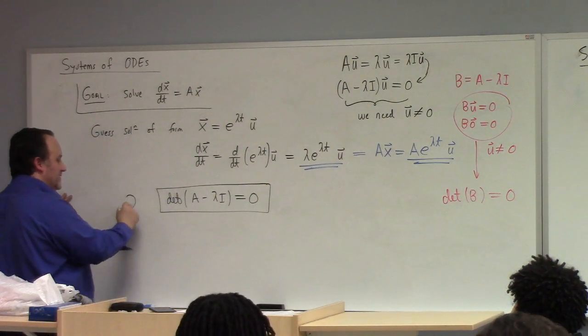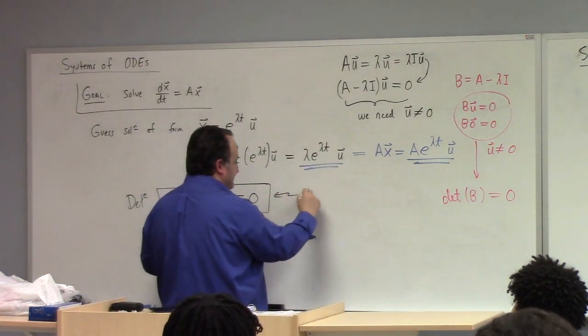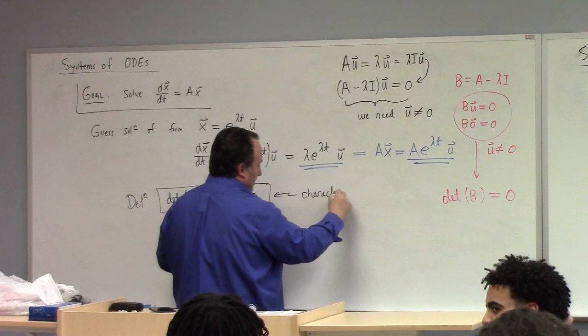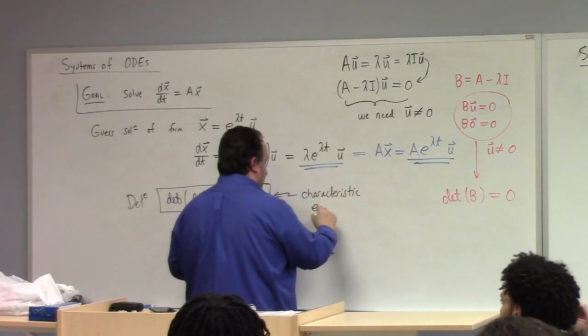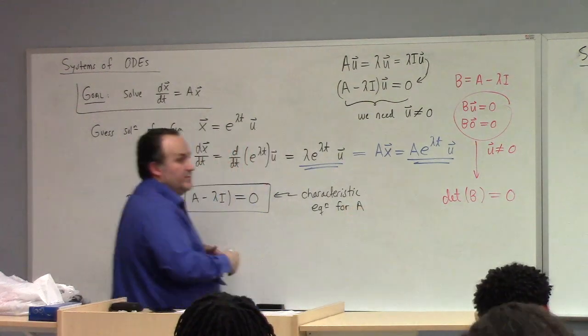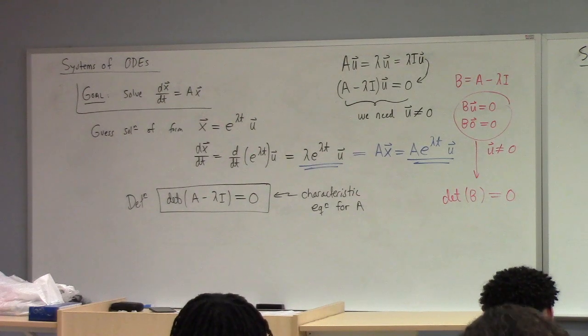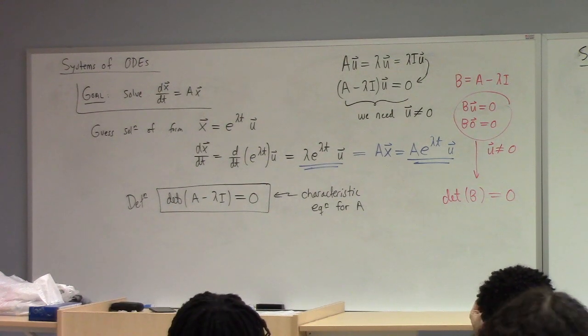This, by definition, is the so-called characteristic equation, the characteristic equation for A. The solutions to the characteristic equation are called eigenvalues. Lambda is called an eigenvalue.